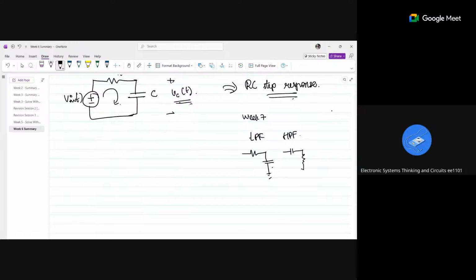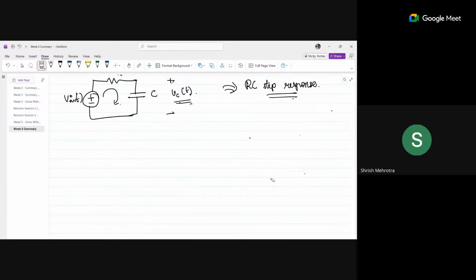Before learning that, you should know how to derive the equation when there are capacitor elements. So for that, we are learning the basics in this lecture, that is RC step response. That's the reason why we are learning this.